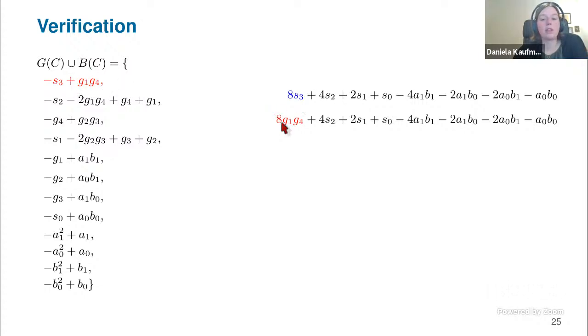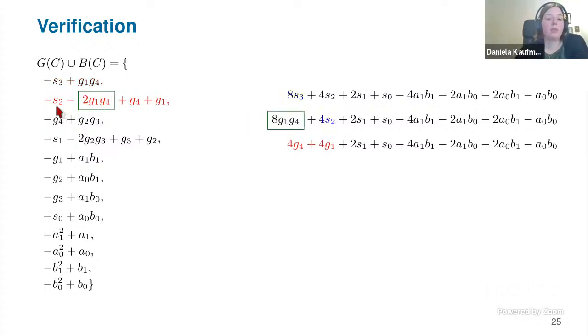So instead of S3, we now get G1 times G4. In the second step, we do this for S2 and replace S2 by the complete tail of this polynomial. What you see here is that in the second step, we introduced this monomial 8 times G1 times G4, which in the second step cancels again.